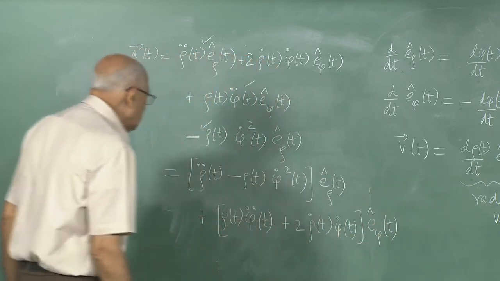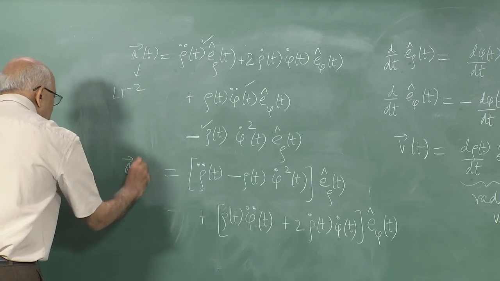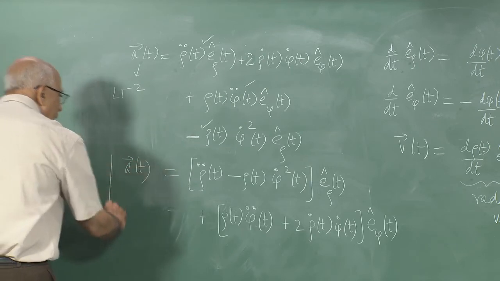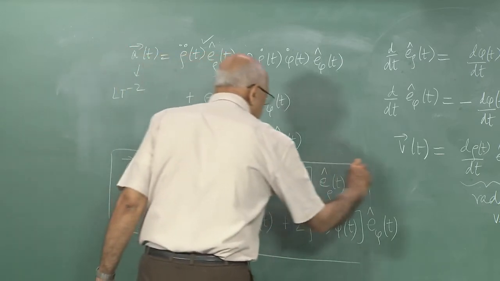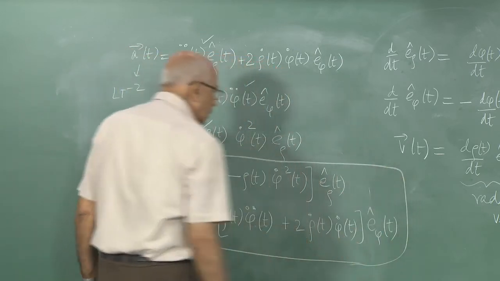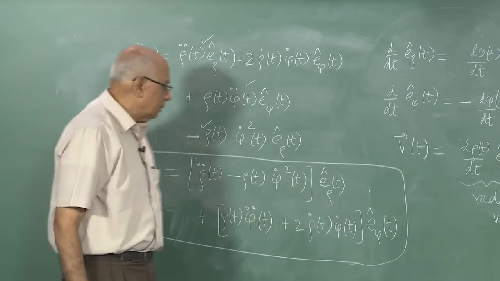So that is our grand finale, that is our final formula for the general acceleration in plane polar coordinates. A radial portion and an azimuthal portion.